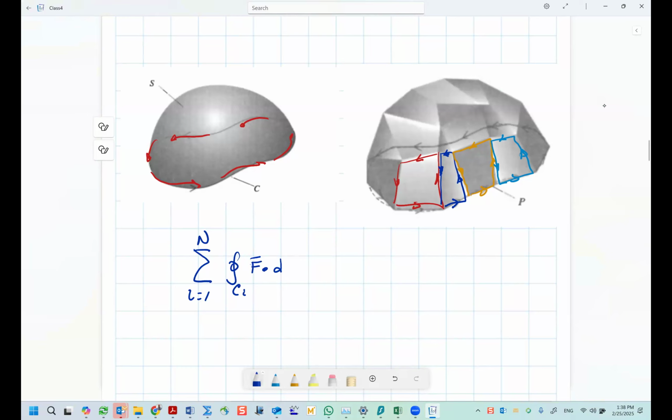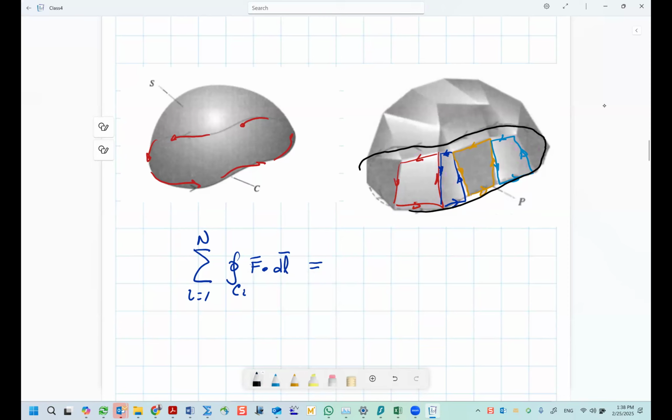Let me call it dl, this is also a vector, right? And that should be equal to, look at this, right? Everything cancels. When you do this sum, everything cancels except the thing that is at the end.